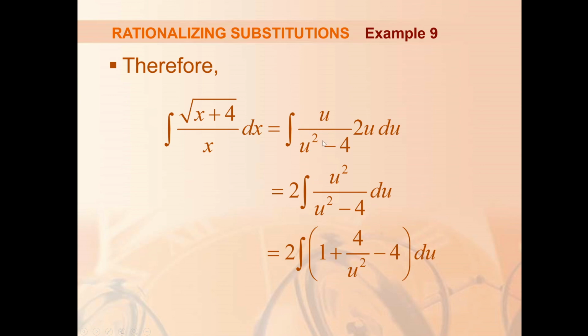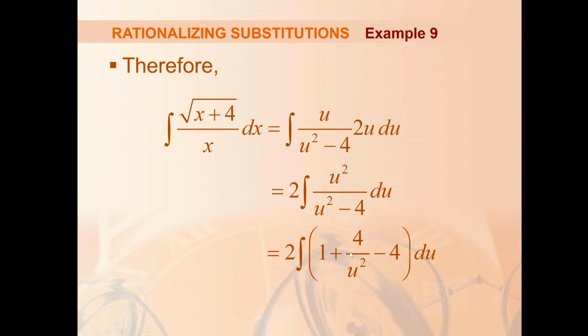So it's u over u squared minus 4 times du times 2u. And then this one, just multiply the numerator straight across. And then we just want to use the long division process, divide it, separate them out. So the quotient is 1, and then the remainder would be 4 over u squared minus 4.